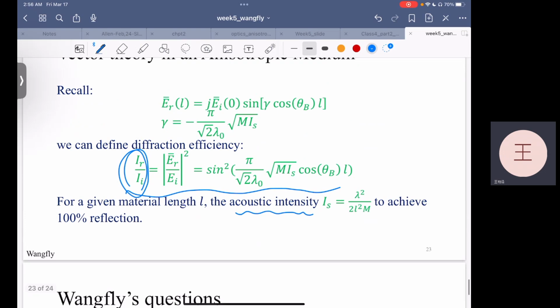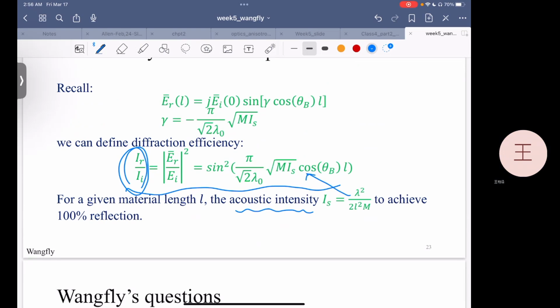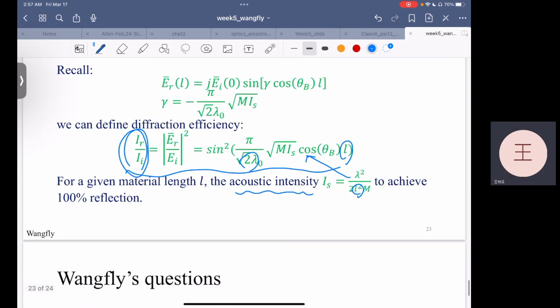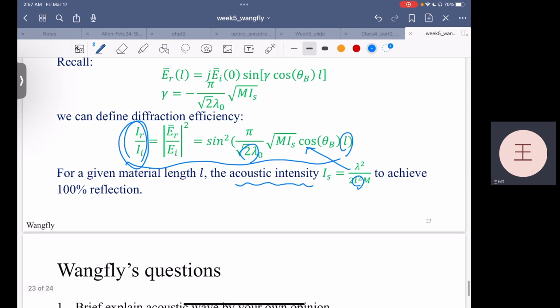You just plug it in here, like m divided by m and lambda squared and L squared, divided by each other. Yes, and then you'll get the 100% reflection.